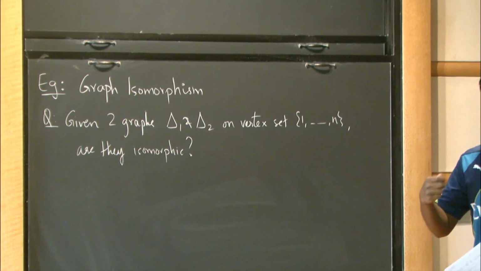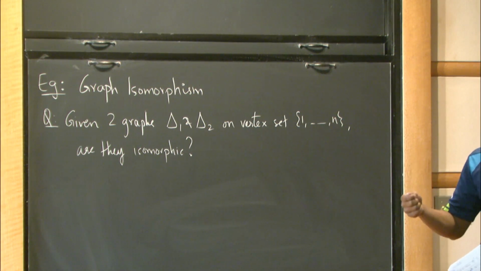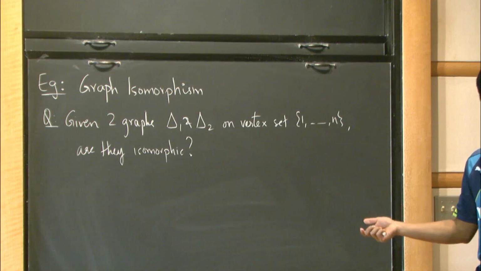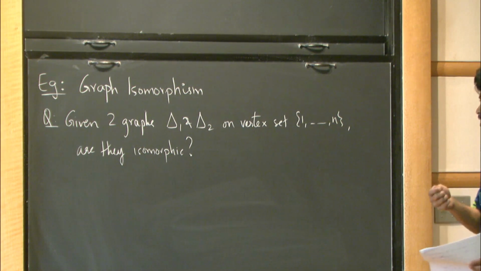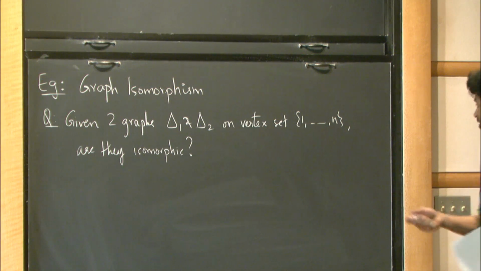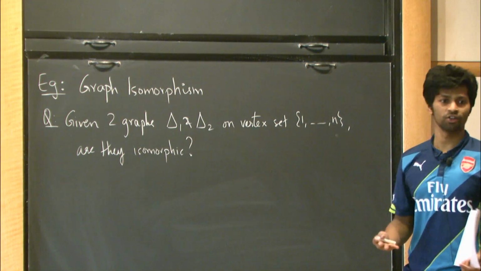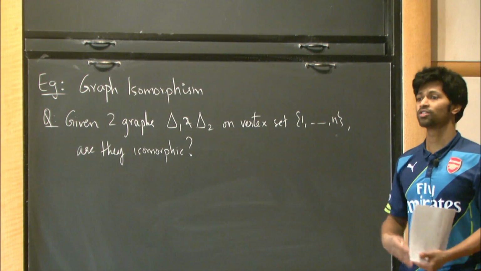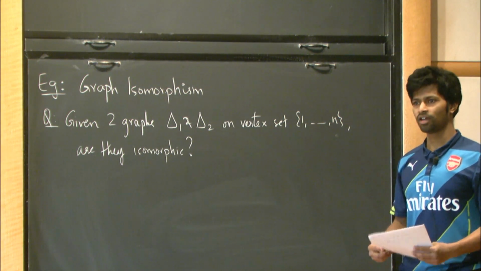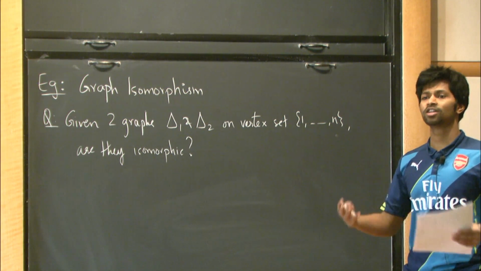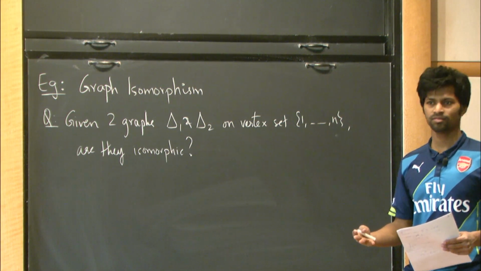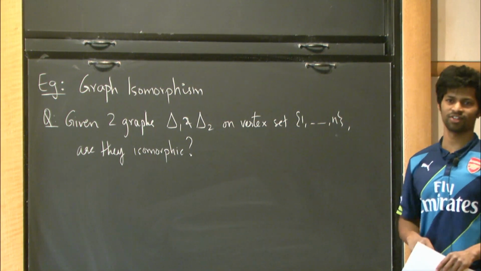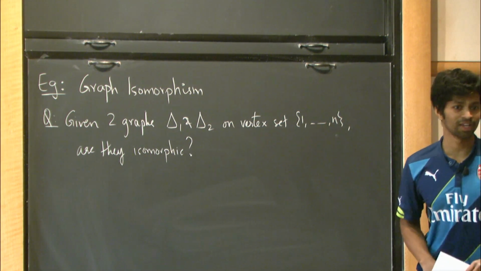Just permute the vertices using all possible permutations and check if they're equal. But the problem with this is if you want to take all permutations on a vertex set of size n, that's n factorial, which is a very large number. It's even bigger than 2 to the n, which is the standard for what a bad complexity measure is.